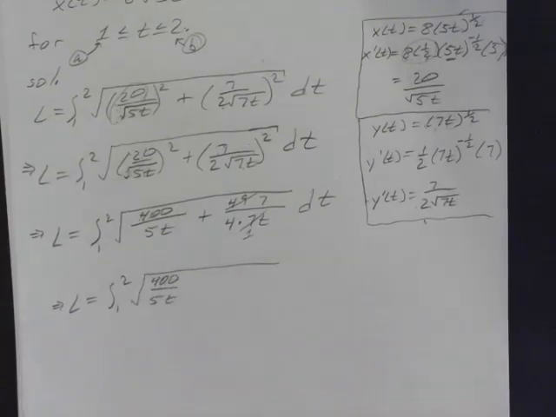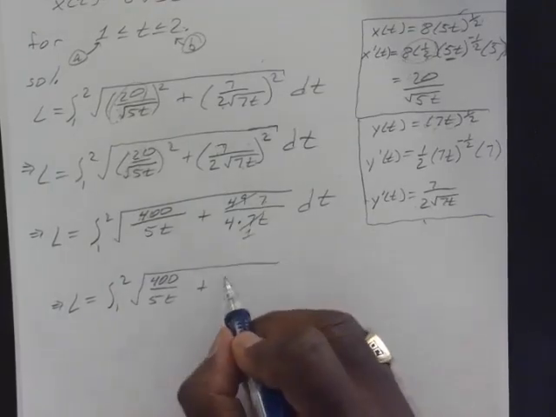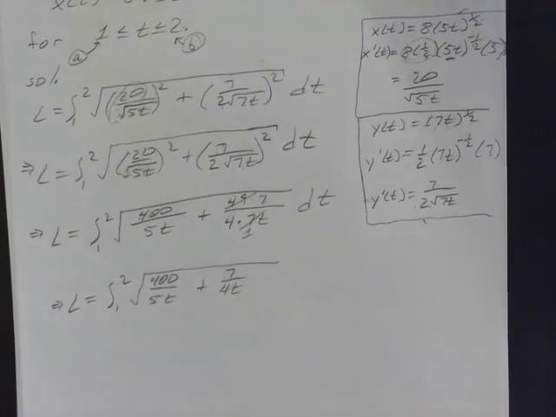Okay, so we have 400 divided by 5t plus 7 divided by 4t. And we can simplify that one.